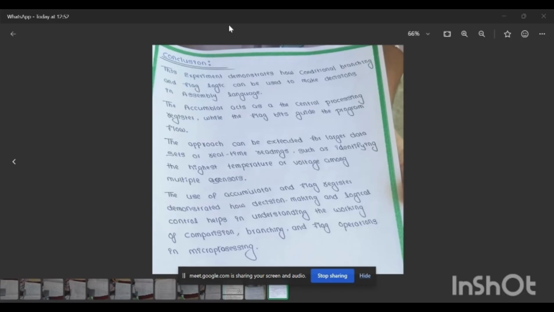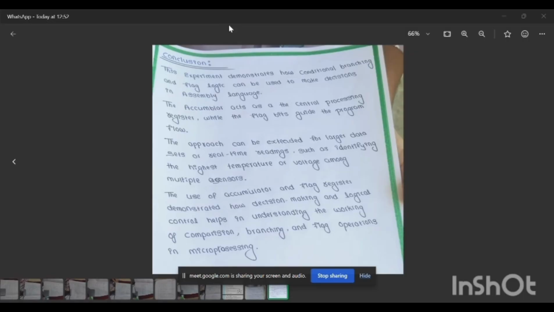This experiment demonstrates how conditional branching and flag logic can be used to make decisions in assembly language. The accumulator acts as the main processing register while the flag bits guide the program flow.